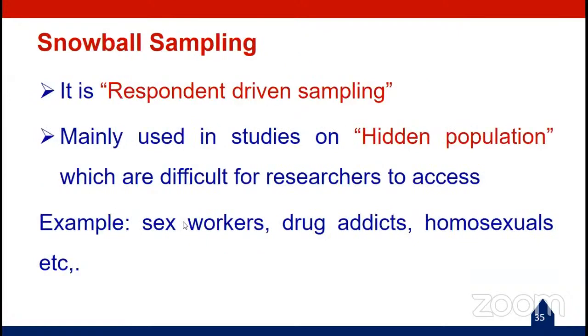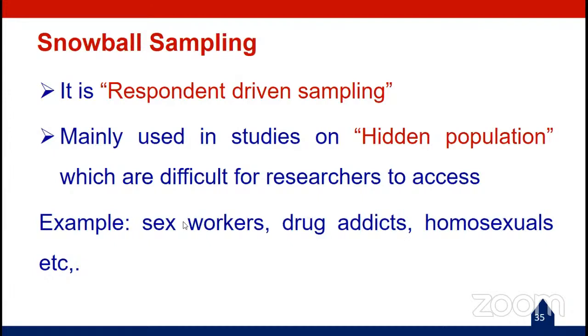The last sampling method which I would be discussing is snowball sampling. Snowball sampling is mostly used in studies involving hidden populations. Hidden population means, for example, the LGBT community, drug abusers, sex workers, or criminals, in the sense that we don't have a ready-made sampling frame.